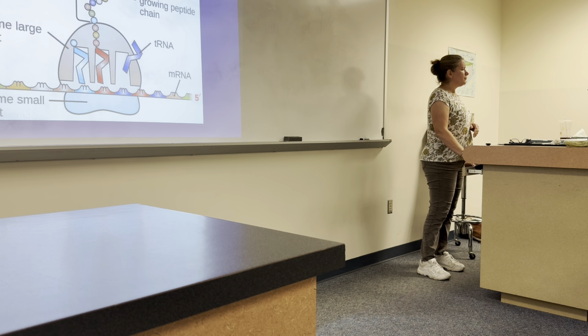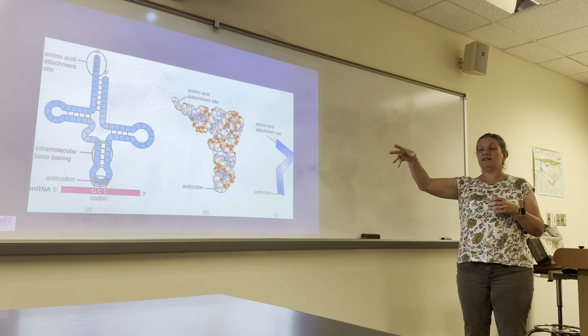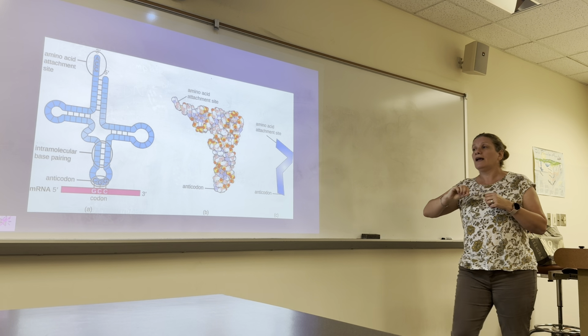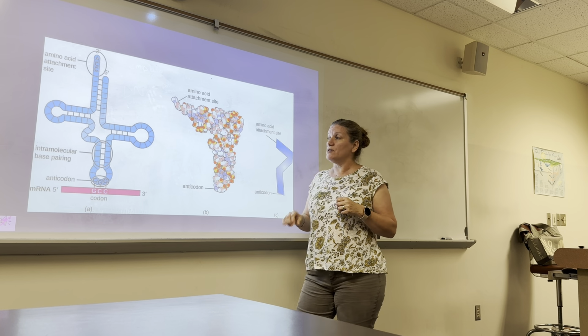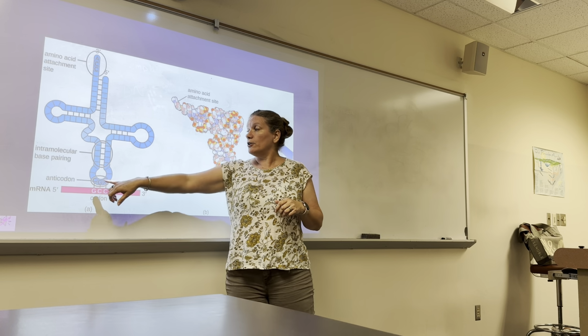Okay, so there's going to be transfer RNAs that can recognize more than one codon, and that is due to the wobble position, the third position of the codon. It's not as tight of a base pairing interaction as the other ones. Therefore, we find that multiple codons can give us the same amino acid.